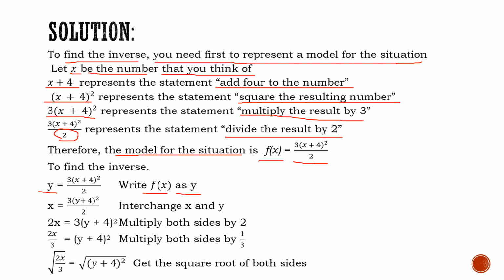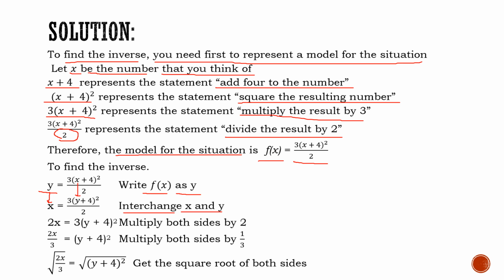After replacing f of x with y, we need to interchange the x and y variables, by simply switching their positions. Whatever your y value in your original function becomes x in your inverse function, and your x becomes your y.